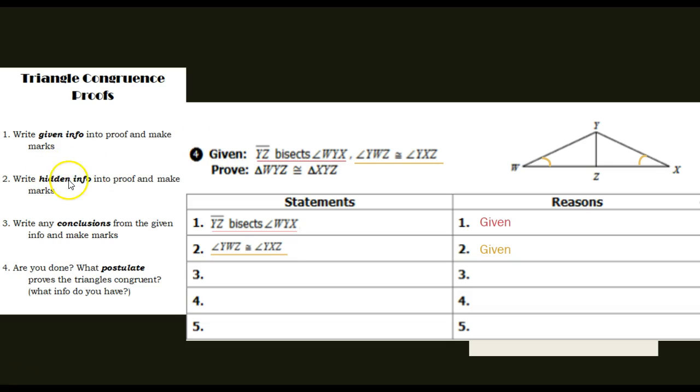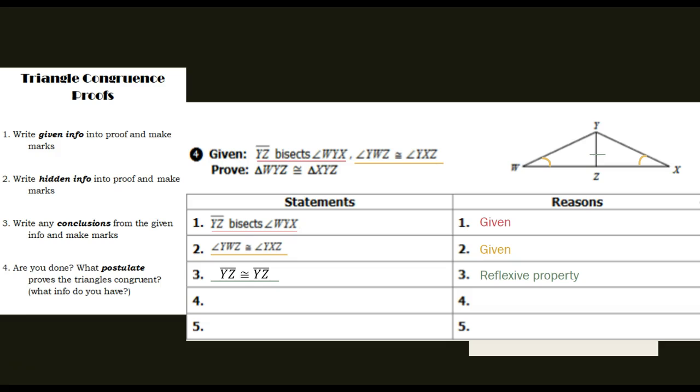Now we're looking for any hidden information. So hidden information is this reflexive side. YZ is congruent to its own self. And the reason that we know is it's a reflexive side. The reflexive property. Oh, I should go back. So now we're going to do our conclusion.